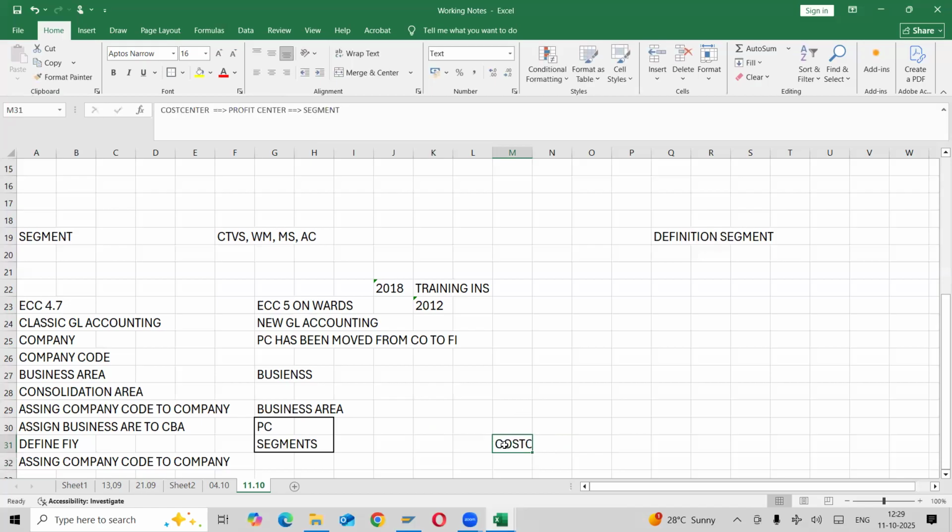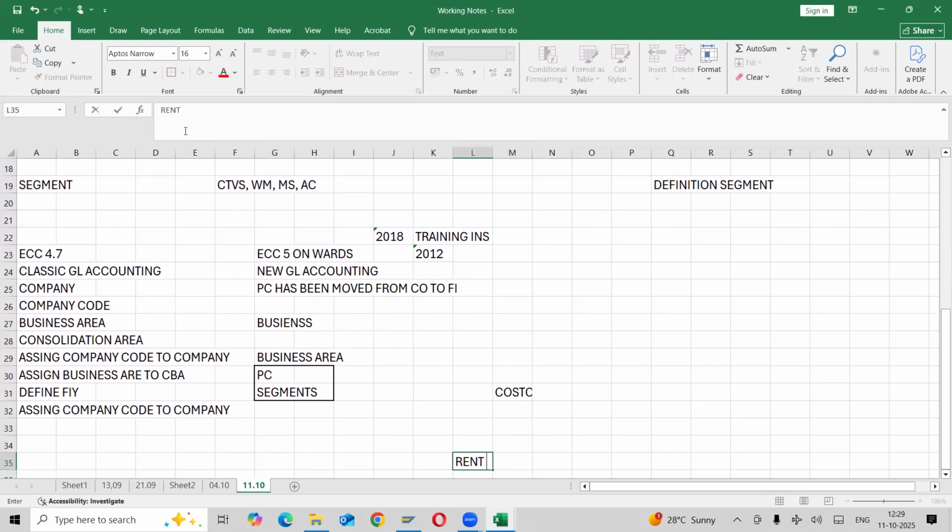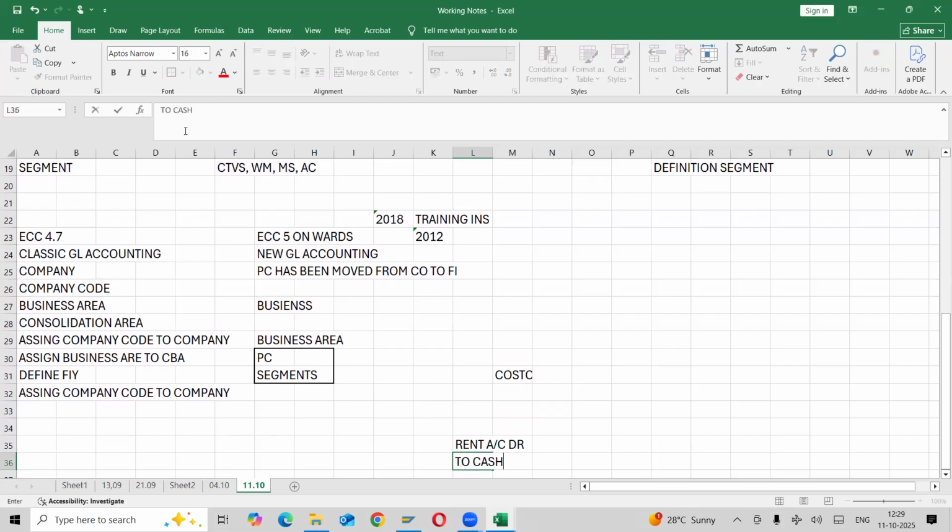Whenever I post an entry in GL or wherever, say rent account debited to cash account, it will ask for the GL accounts. These are my GL accounts. It will ask for the amount, for example 10,000.